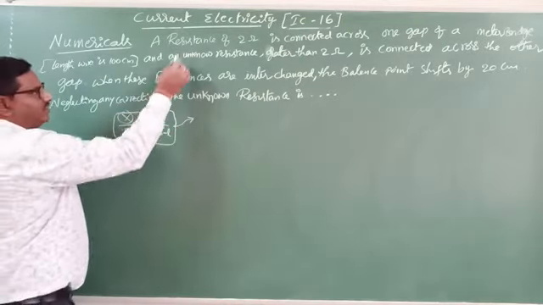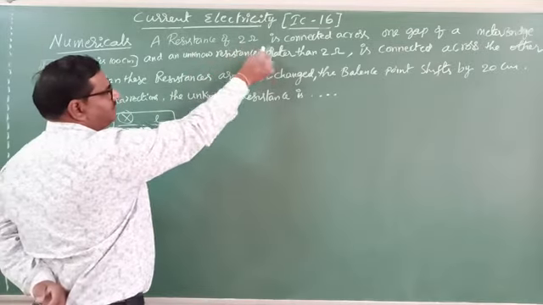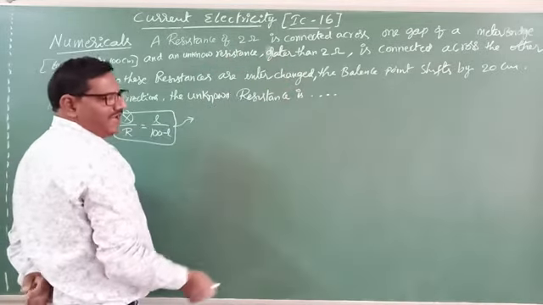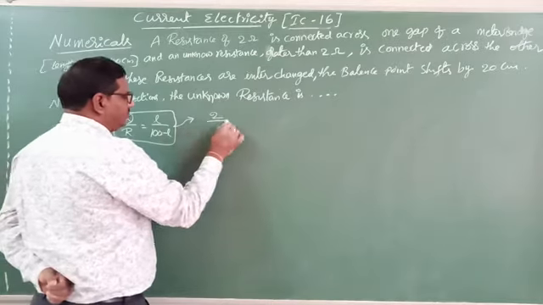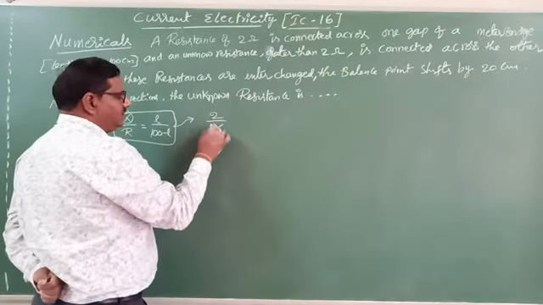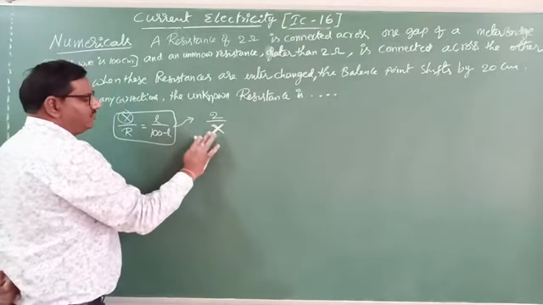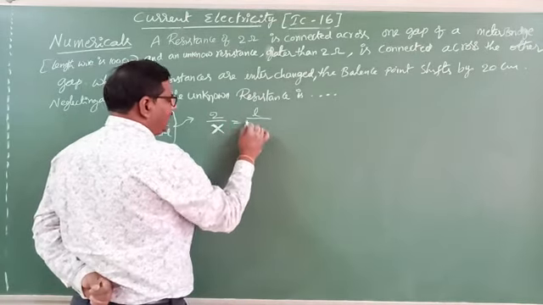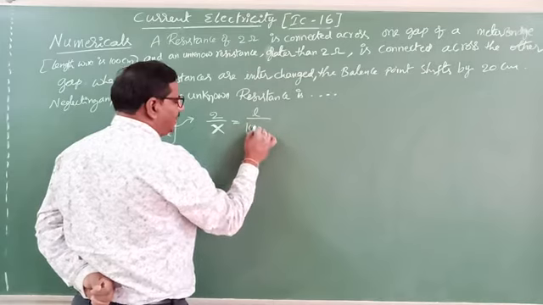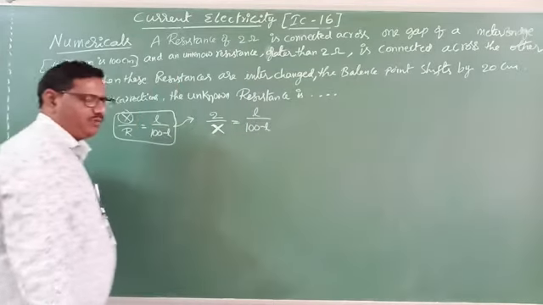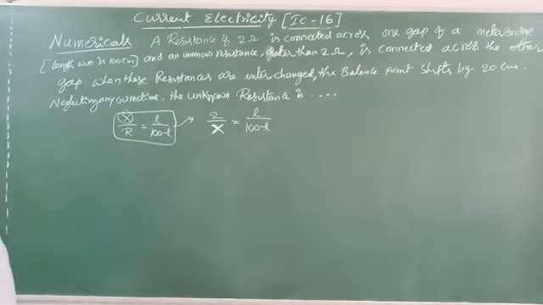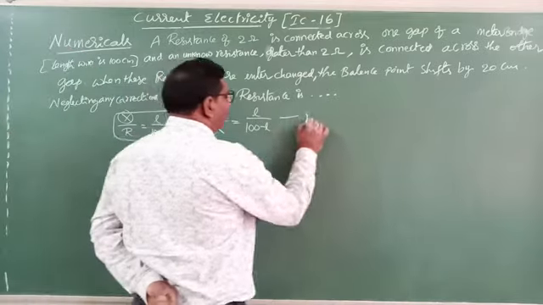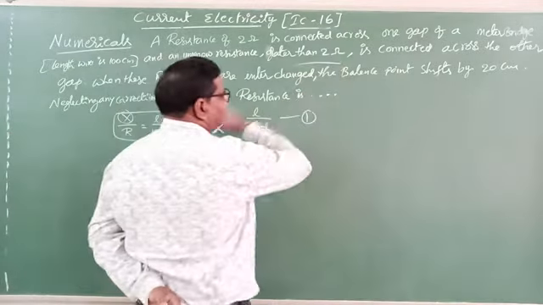Now, 2 ohms is connected across one gap, so I will write 2 by x, where this x is greater than 2. So 2 by x equals L by 100 minus L. This is equation number 1, according to the data up to here.